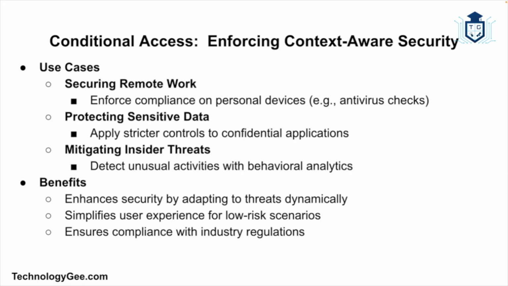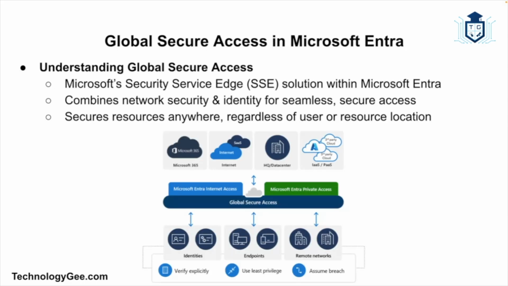It uses behavioral analytics to detect unusual activities and enforce additional security checks. Some of the benefits of conditional access are as follows. It enhances security by dynamically adapting to evolving threats. It simplifies user experience with seamless authentication for low-risk scenarios, and it supports compliance with industry regulations by enforcing strict access controls.